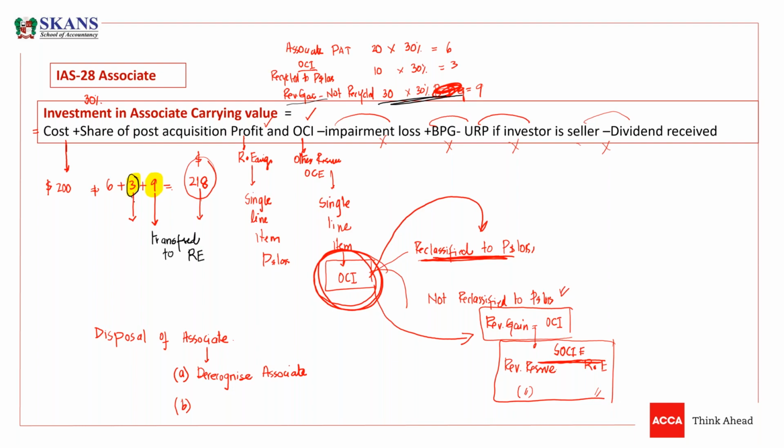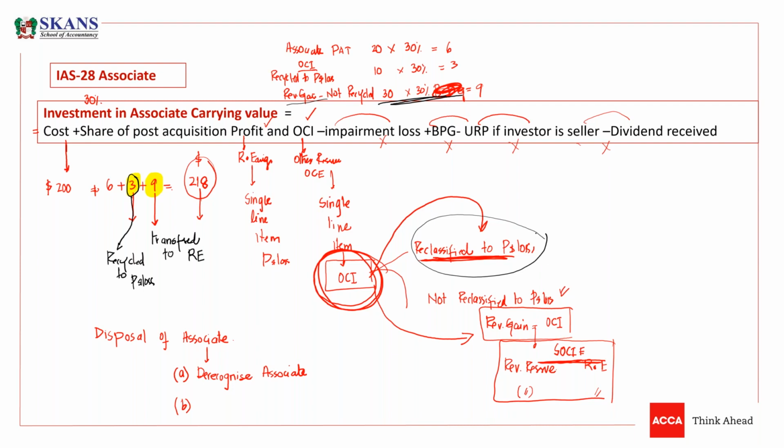And this 3 amount will be recycled to P&L. So OCI items, further treatment at the time of disposal will depend whether those items can be reclassified to P&L, recycled to P&L, or can't be recycled to P&L. So you need to observe this.